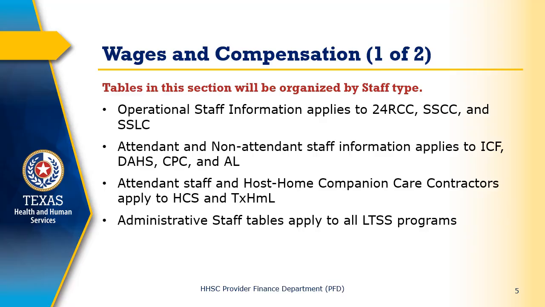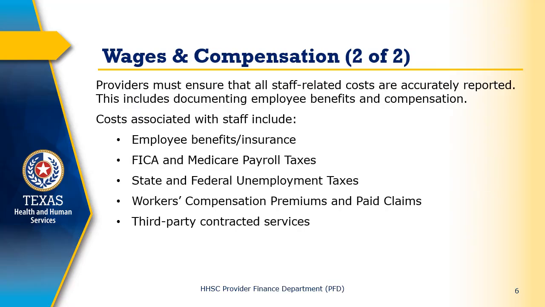By clearly defining the roles and responsibilities of each staff category, providers must ensure that all costs related to staff are reported with accuracy, encompassing all aspects of employee benefits and compensation. This reporting should include expenses such as employee benefits and insurance, as well as FICA and Medicare payroll taxes.